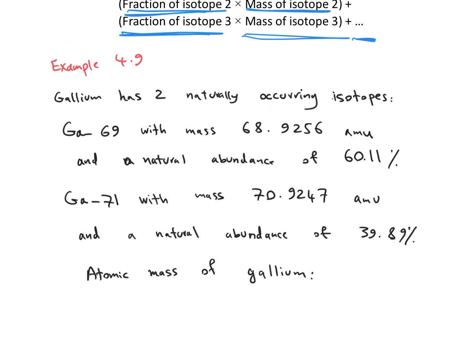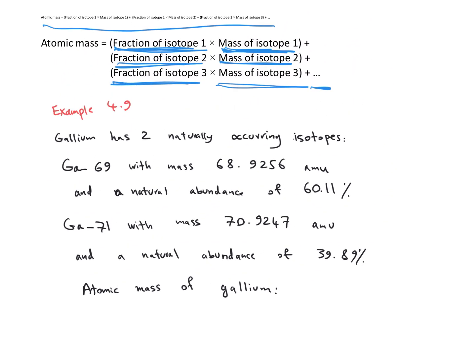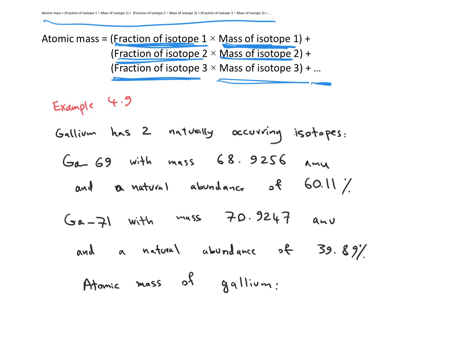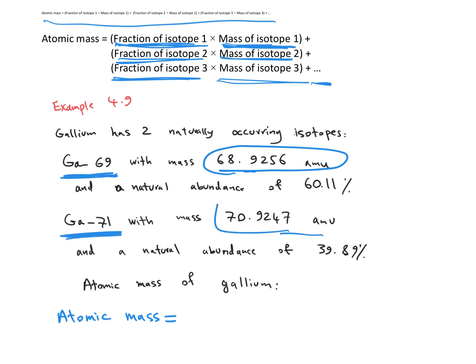Considering the formula that we have here, can anyone guide me to write this solution? So what is atomic mass? You have two different isotopes. One of them has mass of 68.9256 atomic mass unit, basically gallium-69. The other has mass of 70.9247 atomic mass unit.